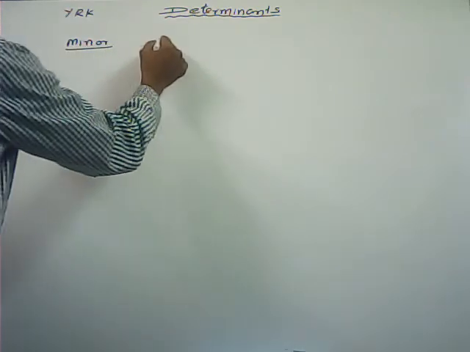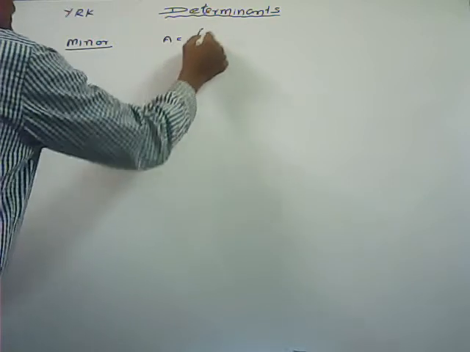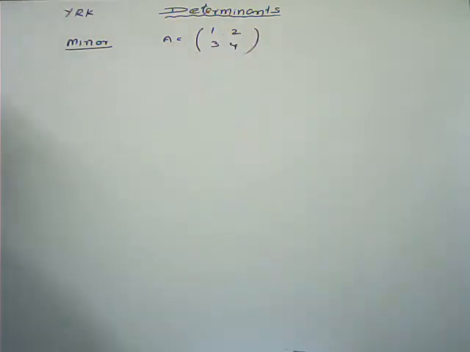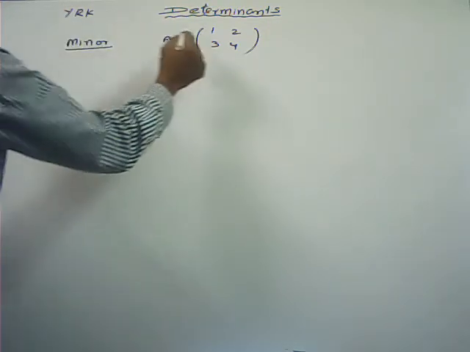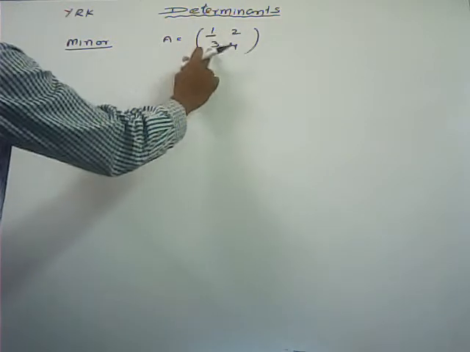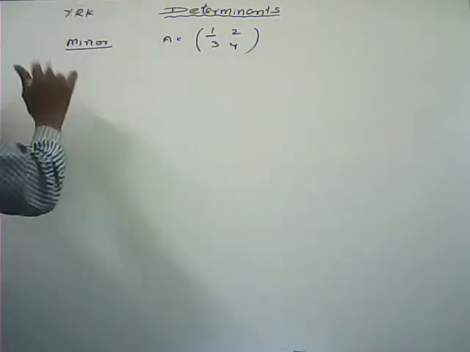See, A is equal to, here I am taking 1, 2, 3, 4. This is the first row first column element, first row second column. The position of the element is very, very important.